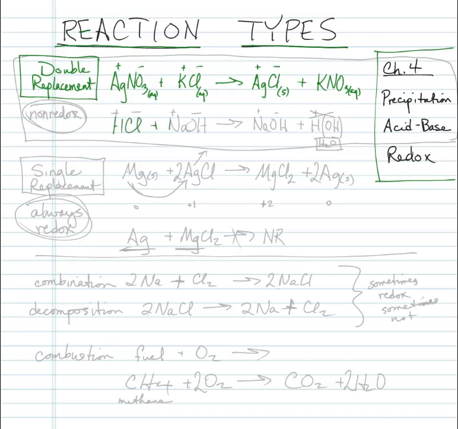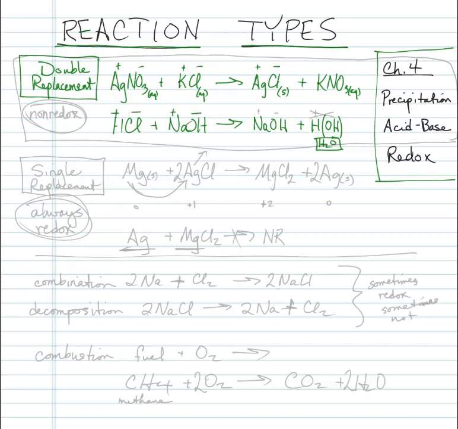HCl plus NaOH. What does this look like? We are swapping partners again, of course, and we're putting the H, I'm going to write it kind of funny, with the OH, and we already know that compound as water, right? Same thing. That's really water. But HOH kind of emphasizes that here's the positive partner from one compound, the negative from the other, the positive from this one, the negative from that one.